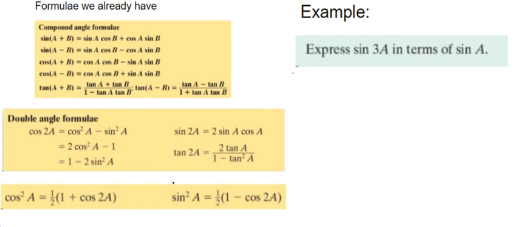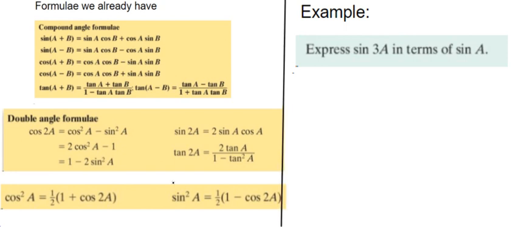Then cos squared a is half 1 plus cos 2a, and sine squared a is a half 1 minus cos 2a. So these are all again in the log tables, but we just need to be able to use them to do certain things like what's over here in the example.